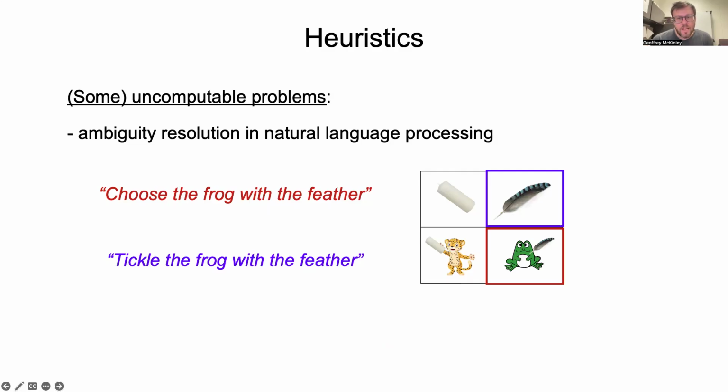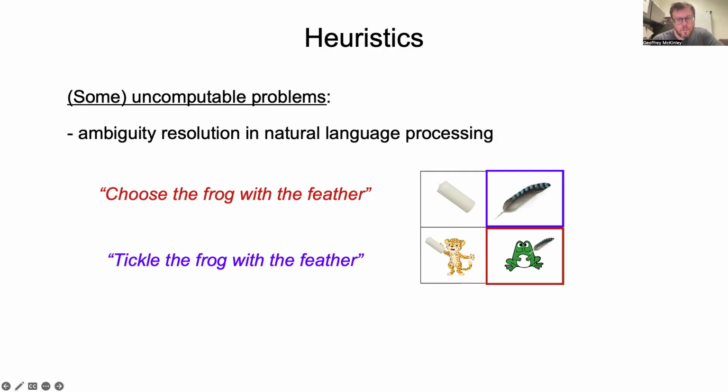And the way that it's likely to be used is that it encourages people to interpret the with the feather as a description of which frog, right? It describes which frog to pick, to choose. So you'd be more likely to pick the frog with the feather if I said choose the frog with the feather. And that's because the word choose is more likely to be used in that way in a modifier context.